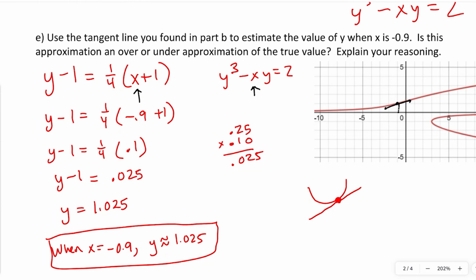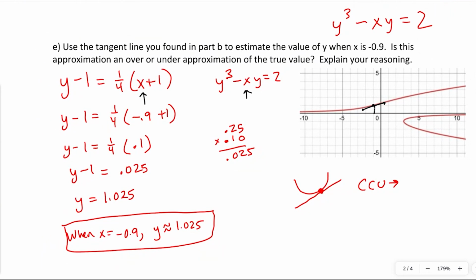Below. So when it's concave up, your estimate will always be an under approximation. In other words, the true value will be greater than what we just approximated.